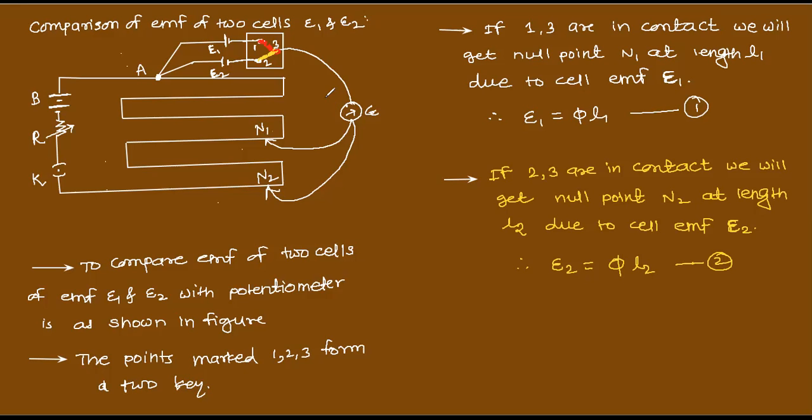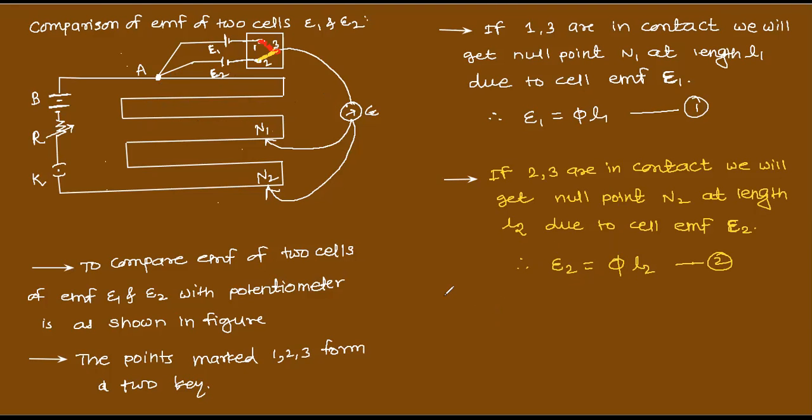When it is showing zero deflection, that is called null point. And when we are sliding the jockey over this wire like this, at a particular point the galvanometer will show null deflection. It means what? Bridge is balanced. Very simple. Bridge is balanced, and that's what you are getting null point. So E2 is equal to phi L2.